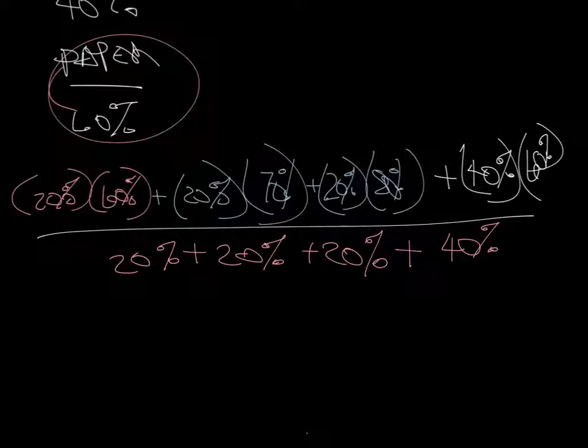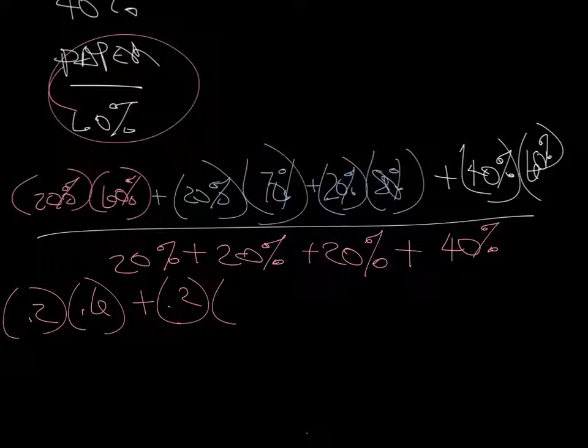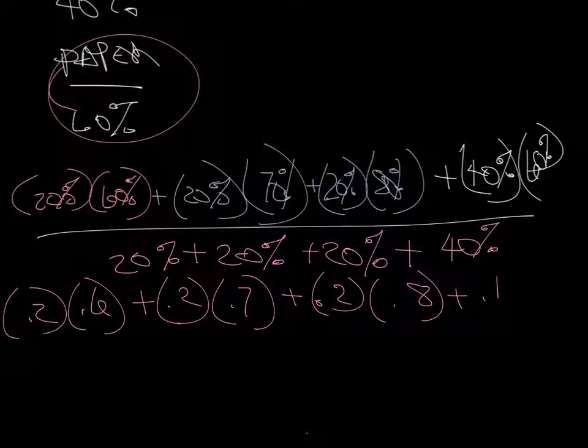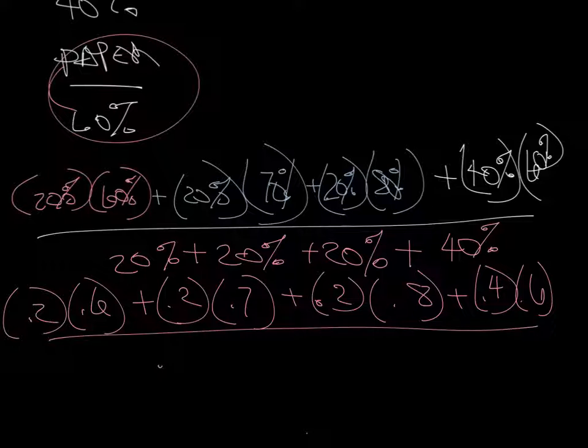Now we just have to change it all to decimals. 0.2, 0.6. Because remember, you can't add or multiply or do anything with percentages. You have to change them every time into decimals. Over 0.2 plus 0.2 plus 0.2 plus 0.4.